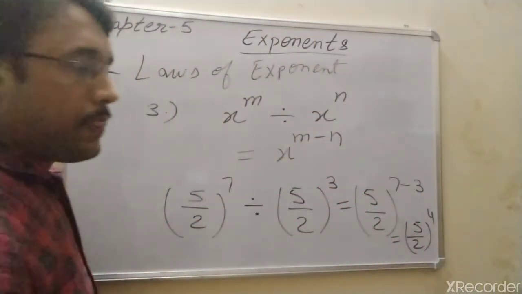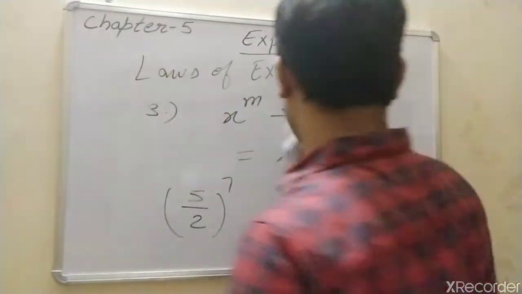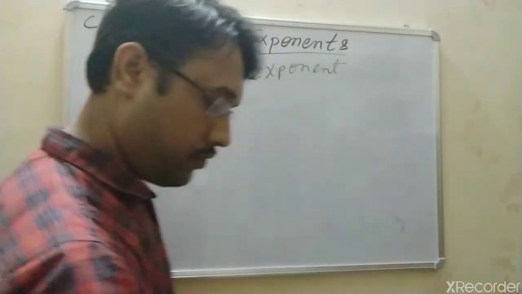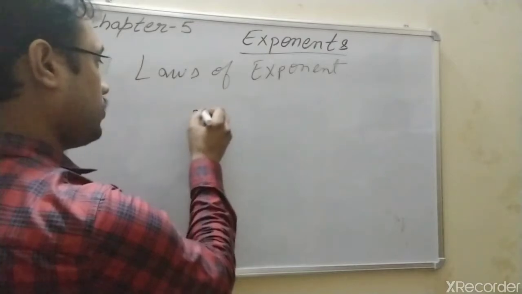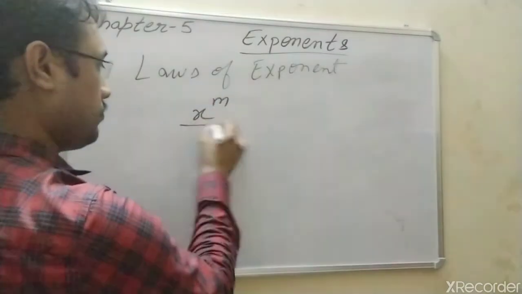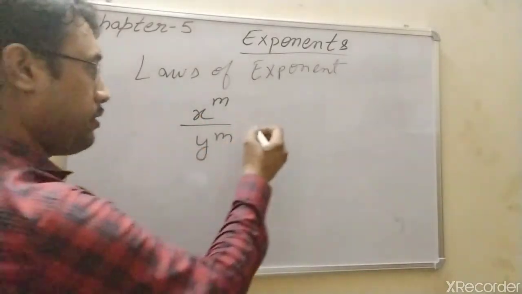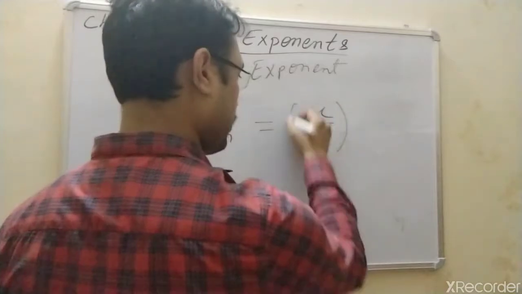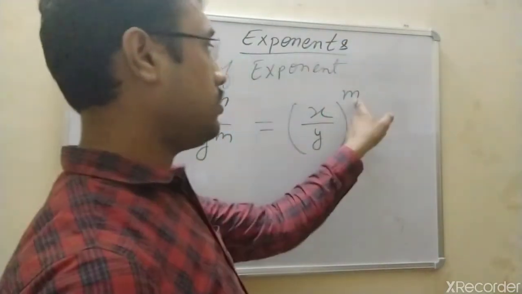Now it is law number 4. Suppose x to the power m by y to the power m, that means the numerator and denominator have the same power, then you can take this power common and write x by y to the power m.